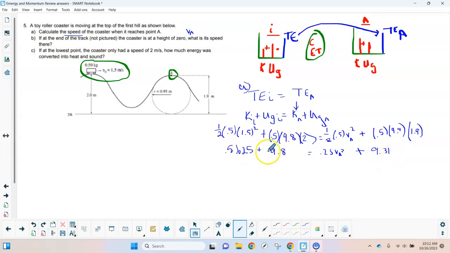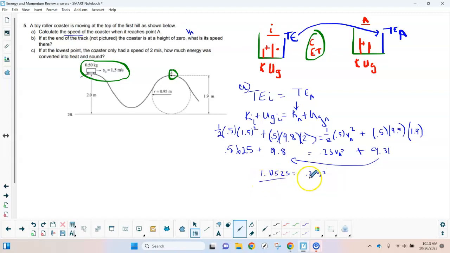We're going to take all the non-VA terms to that side, so we would subtract and then get a number. That value is like 1.0525. And that's equal to 0.25 VA squared. So just, again, working through the algebra with you guys.